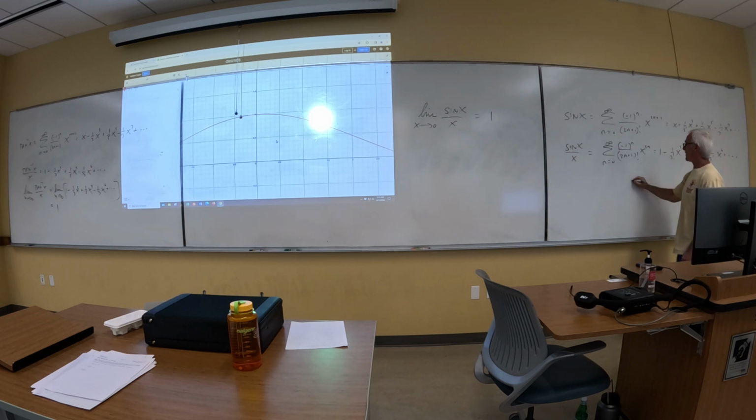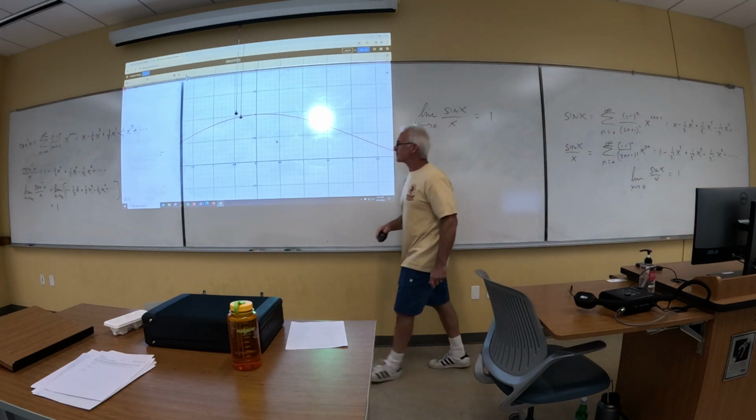So finally, if I want to take the limit as x goes to 0 of sine x over x, I'm taking the limit as x goes to 0 of this. And all that would leave me is 1. That is cool, isn't it? Let's do a slightly different one this time.